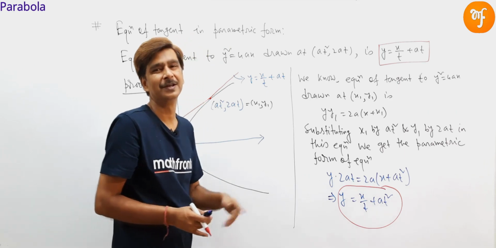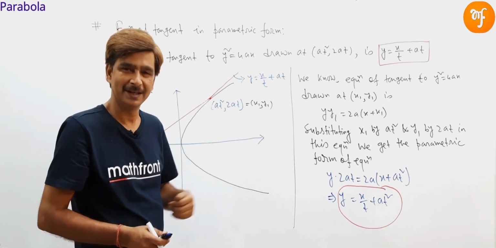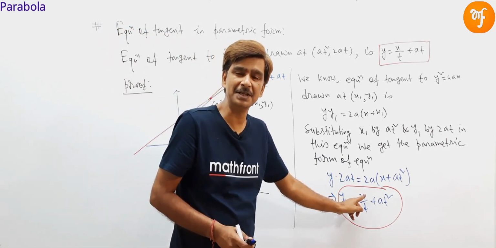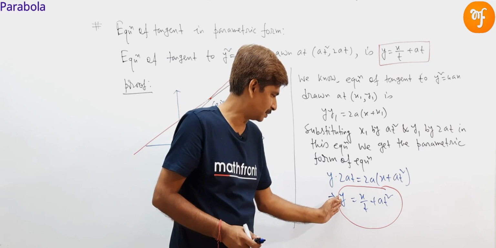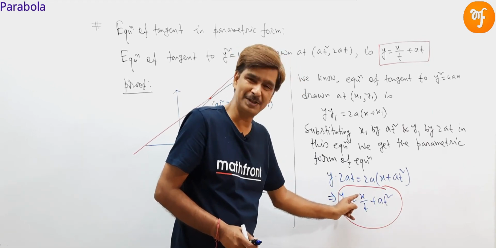Okay. Folks, point of contact is 80 square comma 280. Understand? And what is the slope of this tangent? The slope of this tangent is 1 by t, because this is nothing but in the form of y is equal to mx plus of c. So m is the slope, which is 1 by t.